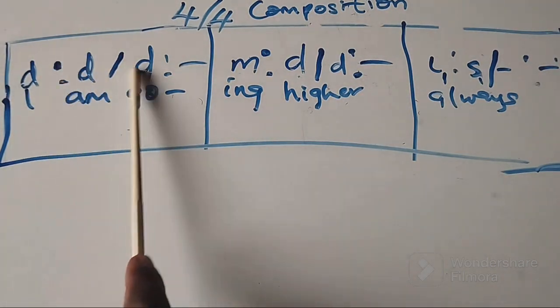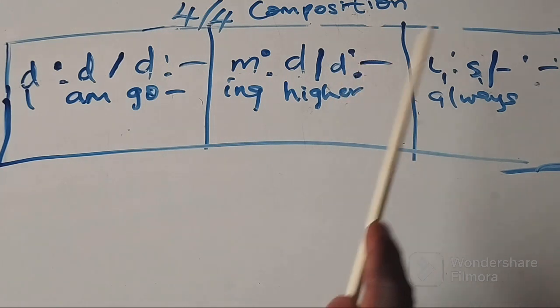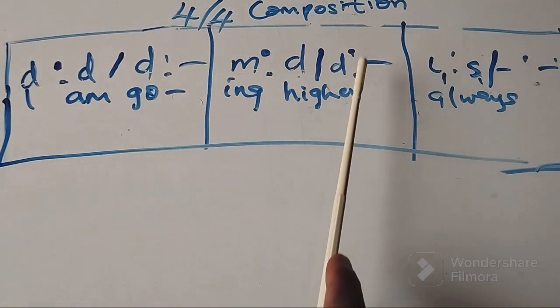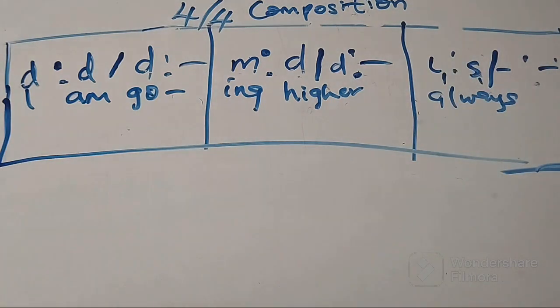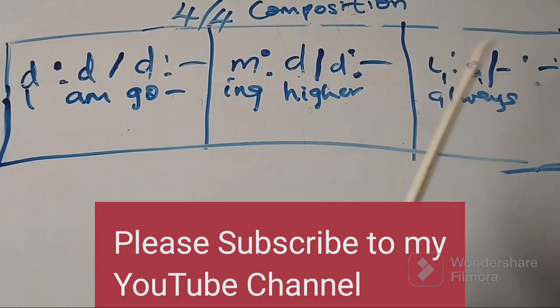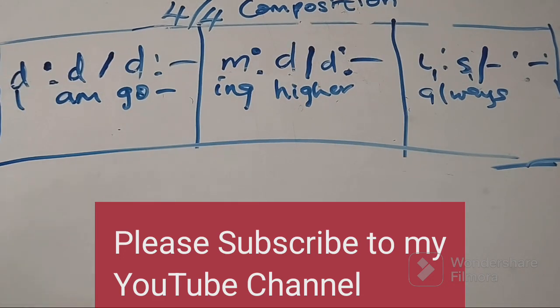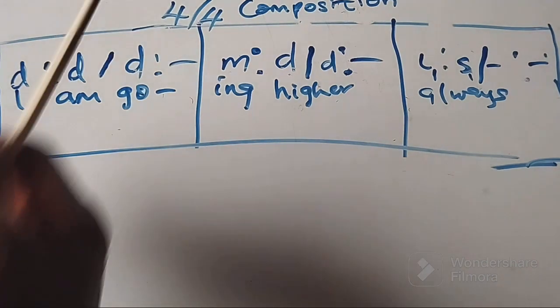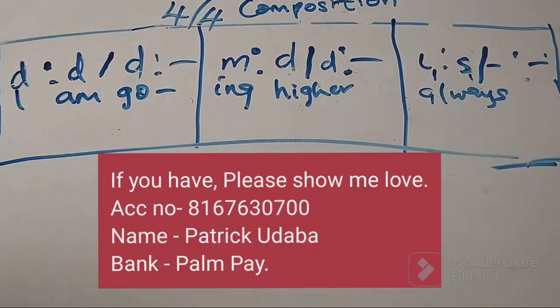I am going higher always. So that is how to do it. So it has now turned to 4 over 4 timing, and the other part of this is similar. So that is how to compose 4 over 4, 3 over 4, and the other things.